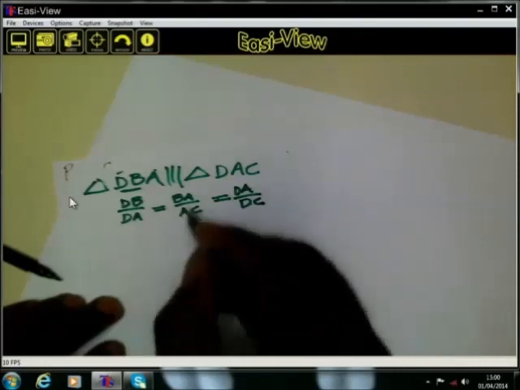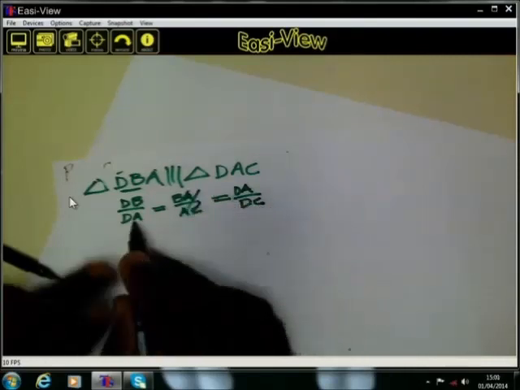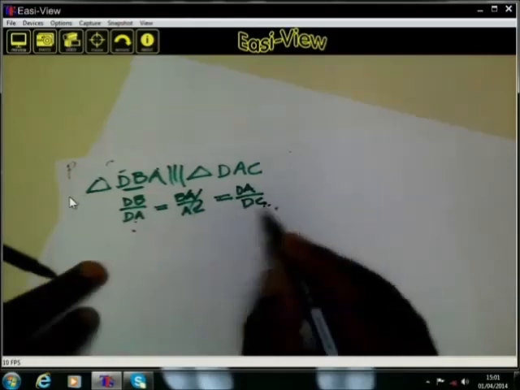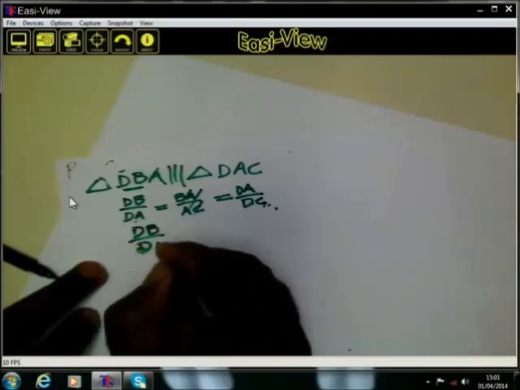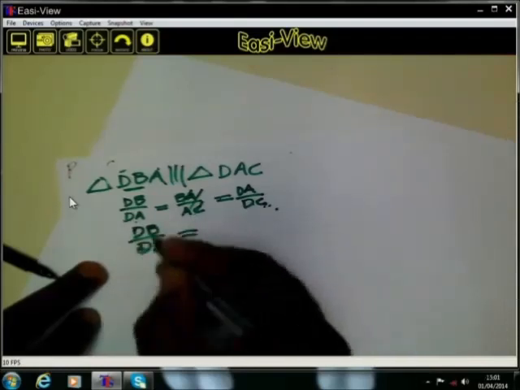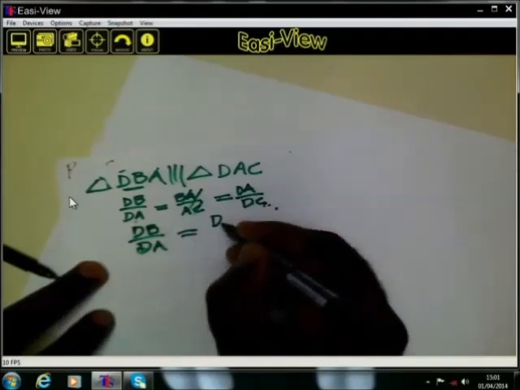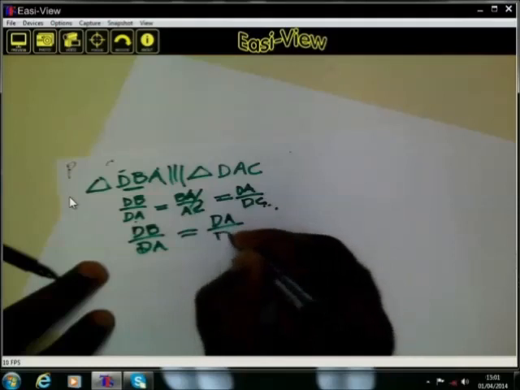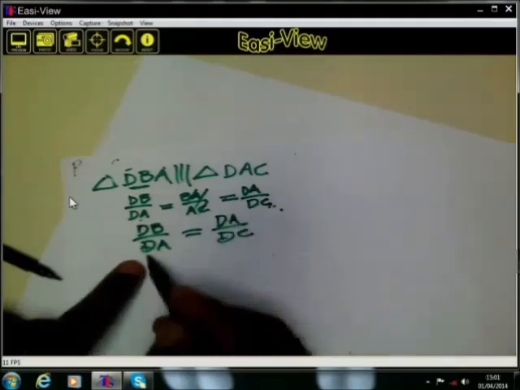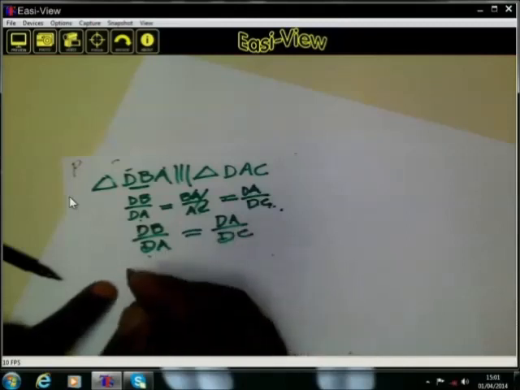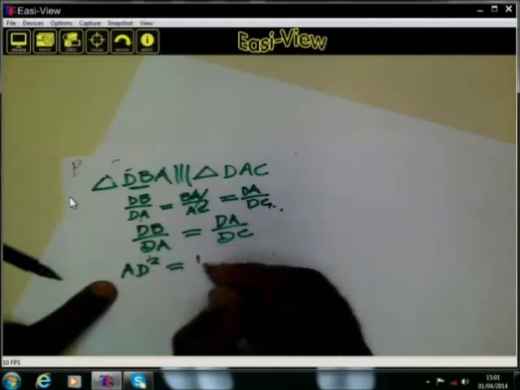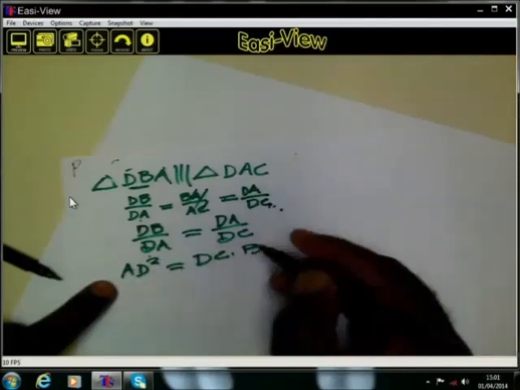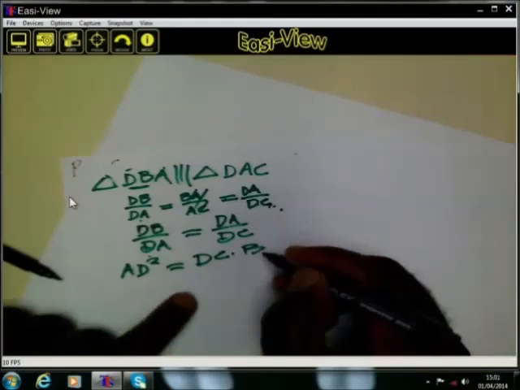Since I cannot come up with a conclusion for this, I can stick by these two relations, wherein I'm going to have DB over DA, being equal to, because they are in proportion, DA over DC. So that it allows me to have my cross multiplication wherein I'm going to have AD squared equal to DC multiplied by BD. Now these are the conclusions that I've had, guys.